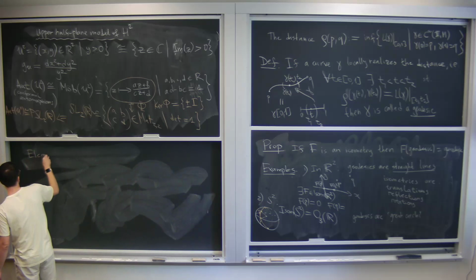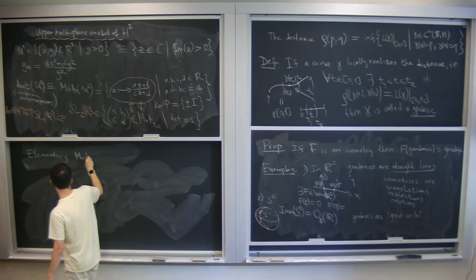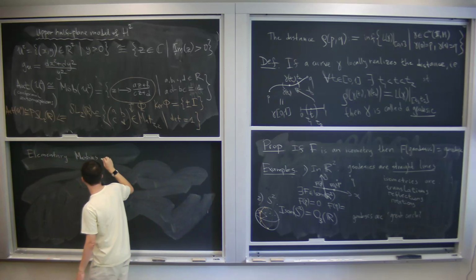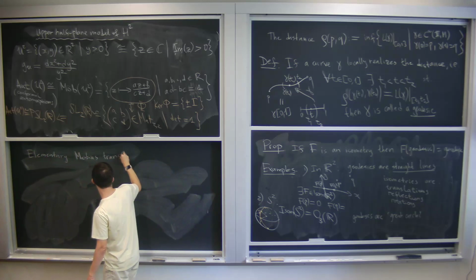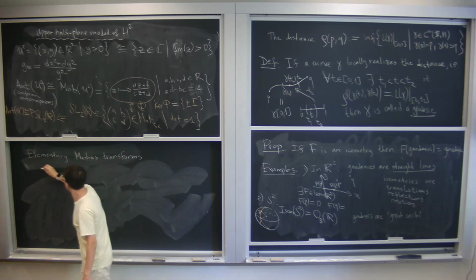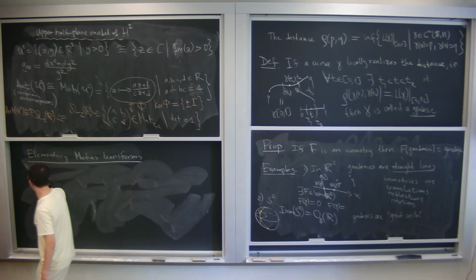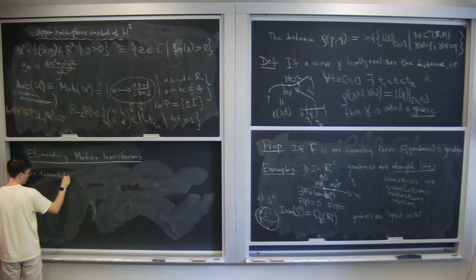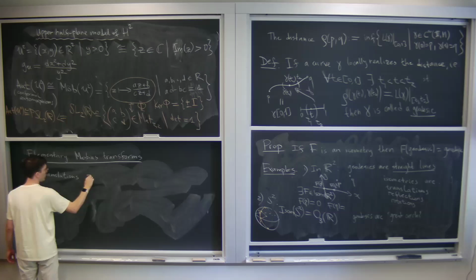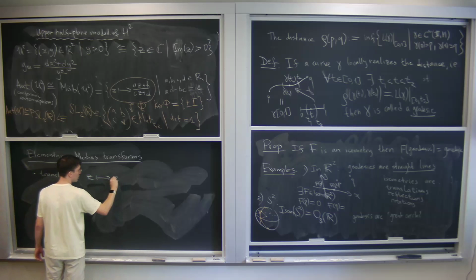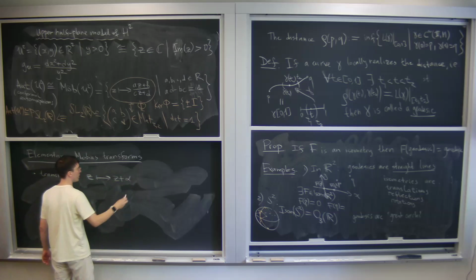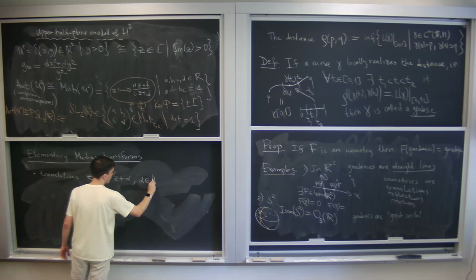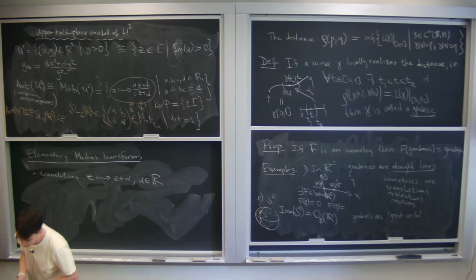So elementary Möbius or fractional linear transformations. Elementary ones are translations in the Euclidean sense, which send z to z plus alpha, where alpha is real.